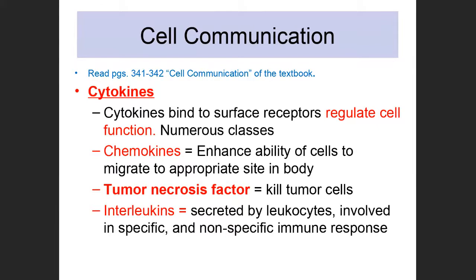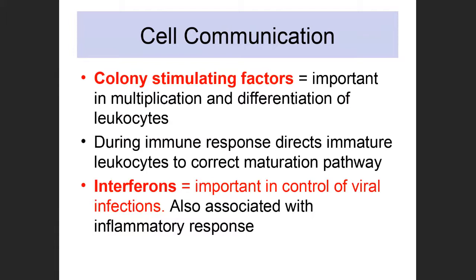Interleukins are secreted by white blood cells, and they're involved in this specific or non-specific immune response. Colony stimulating factors are the chemicals that will determine what kind of blood cell a germ cell will become.